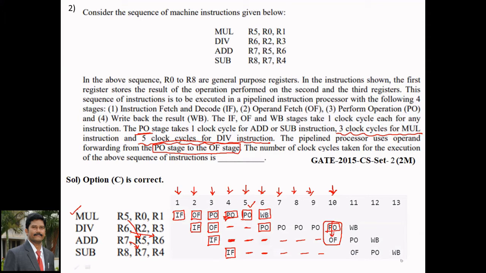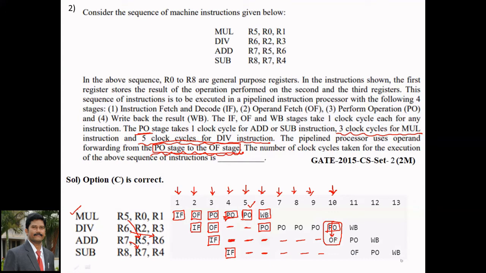There is an operand forwarding technique. So when the PO is completed, directly see here, from the PO stage to OF stage, there is an operand forwarding technique. That means this R6 value is available directly here only. Directly it is forwarded to the OF stage, operand fetch.